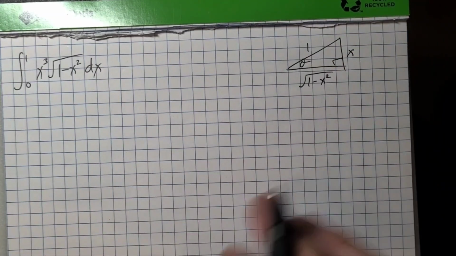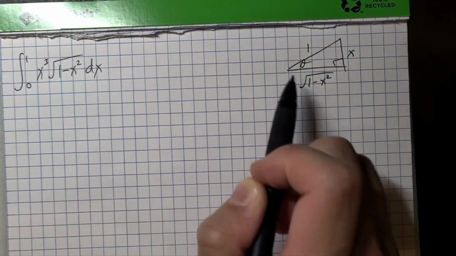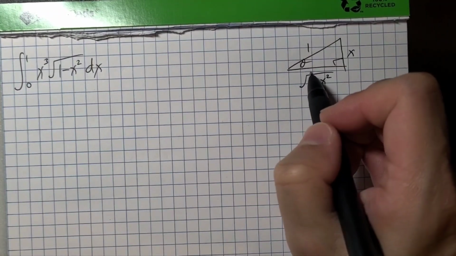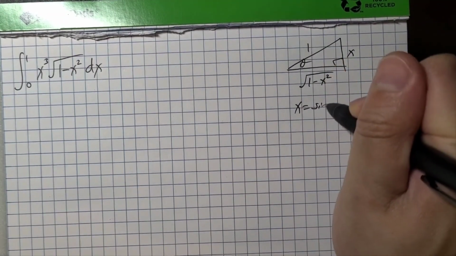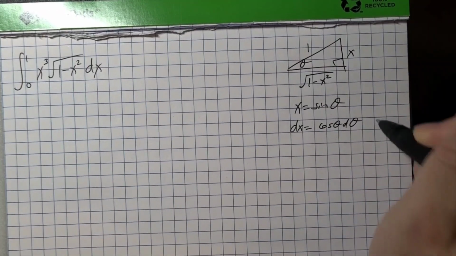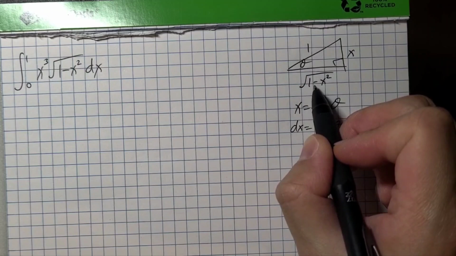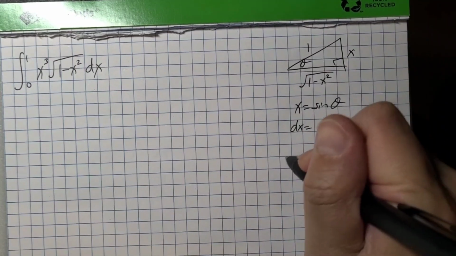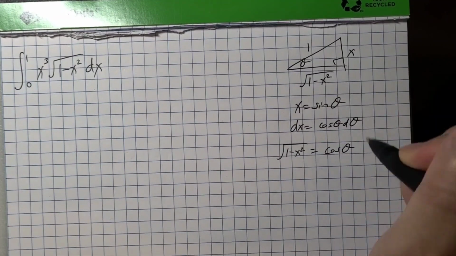Okay, so I'm going to go quicker in this one. We want to sub everything in this integrand in terms of theta, so we know that sine theta is x over 1, so x is sine theta, dx would be cosine theta d theta. And then the square root term, we know that cosine theta is the square root term over 1, so square root 1 minus x squared would be cosine theta.